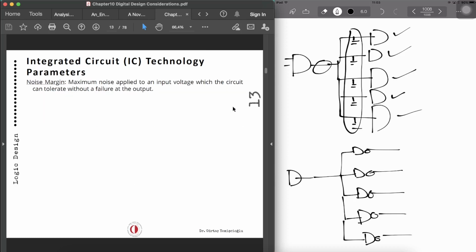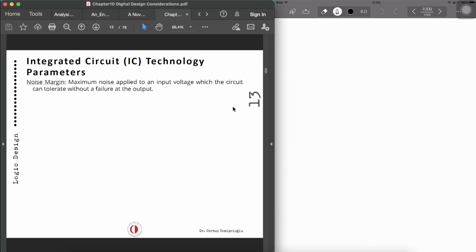And noise margin. Noise margin is also important because when you think about it, let's say we have got an input coming in that fits into one of the inverters. Now, if there is noise, and we try to generate an output, as this is going to be an inverter, 0 is going to be 1.